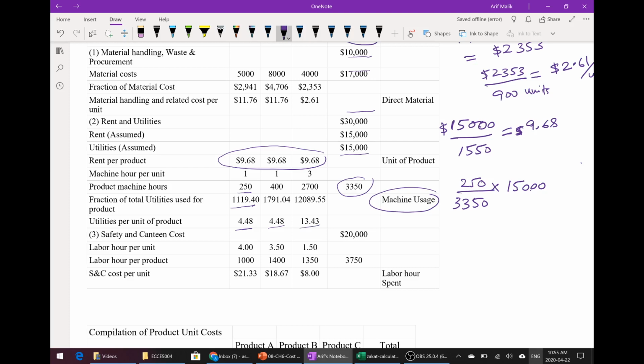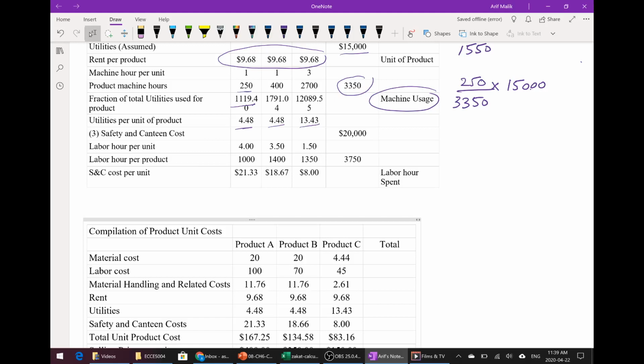And then we have the third item of overhead, which is safety and canteen costs. The same way we can allocate the safety and canteen cost, which is $20,000. We will be using labor hours spent as the basis for allocating these costs to the products.